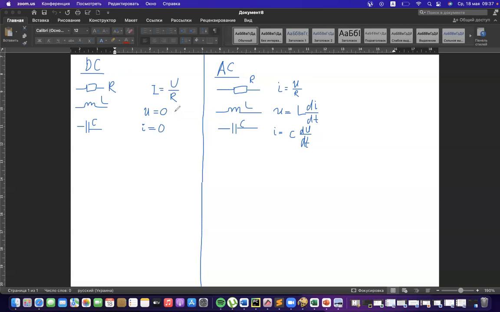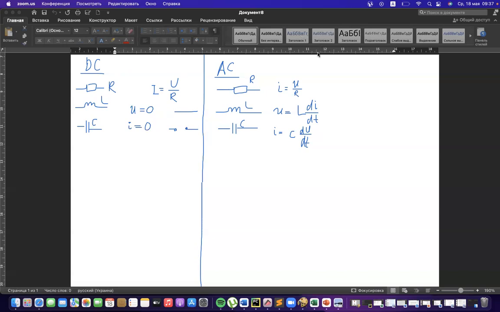That is why we describe the coil just as an element without resistivity, just as a connecting wire. And for a capacitor, we look at it as an open circuit, as infinitely high resistivity.